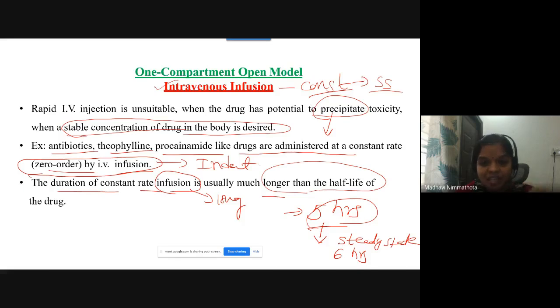That is the reason intravenously infused drugs act longer than the half life of the drug. Why does it take this much time? It has a half life of only 5 hours, but it resides for 6 hours, because we need to achieve a constant infusion and get steady state infusion. For that reason it prolongs its action in the body. That is the main reason.